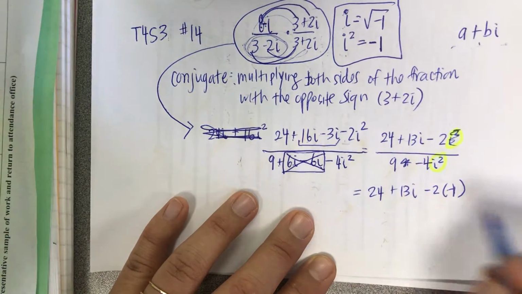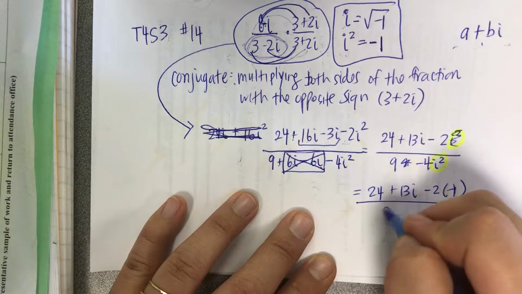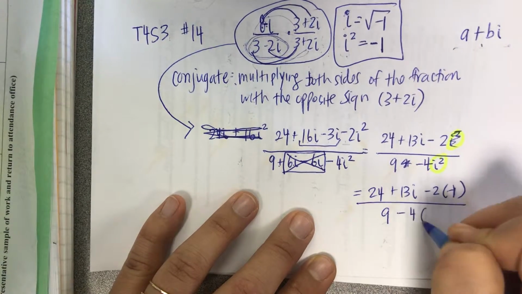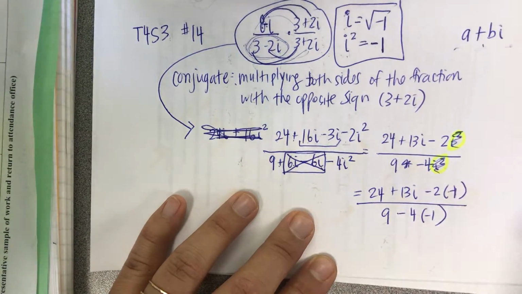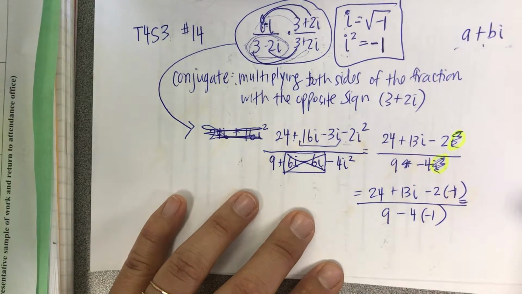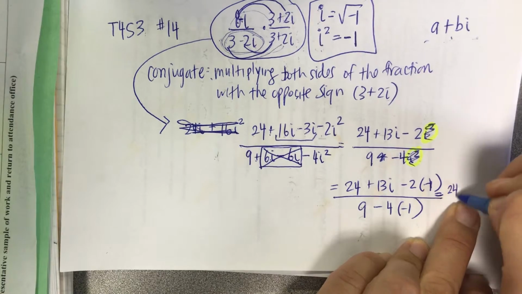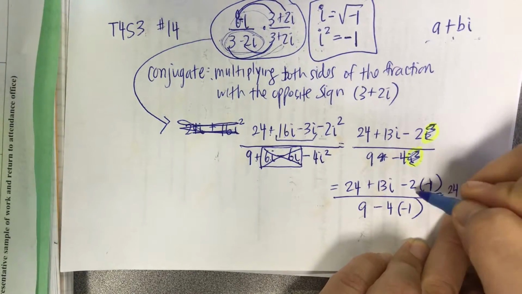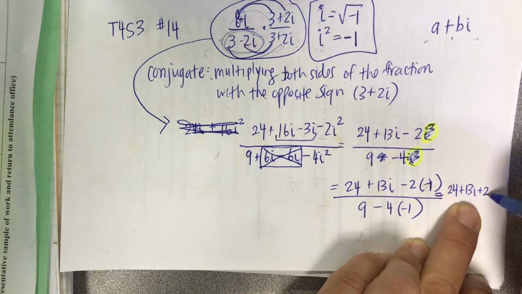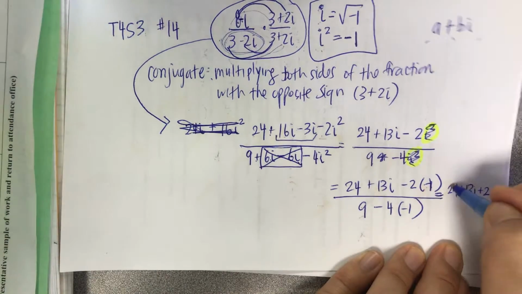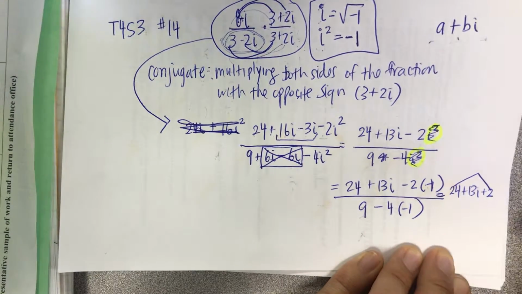So I took care of that. I'm doing that just to keep track of my own work. 9 minus 4 times, right here, -1. So now we can join this together. This is going to be 24 plus 13i, that's going to be plus 2. So these two will combine now.